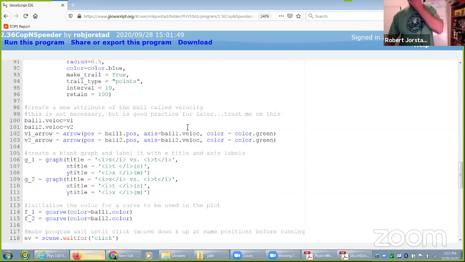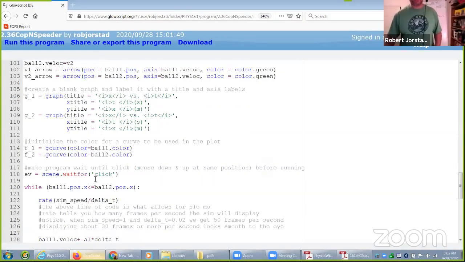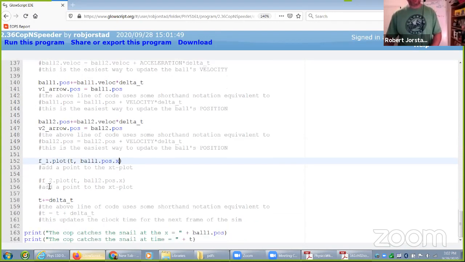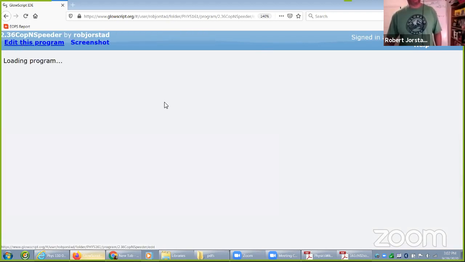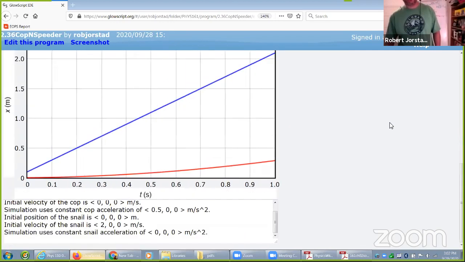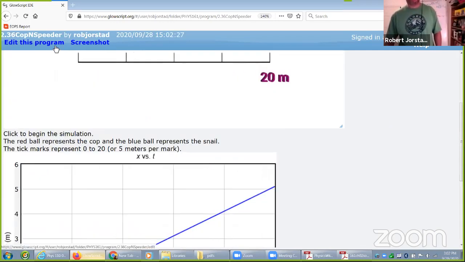That's what happens if you pick the wrong one first. So this 1 and 2 might be backwards from our 1 and 2. All right, we're good to go. Making sure this runs again. Looks good. All right, enough of that.